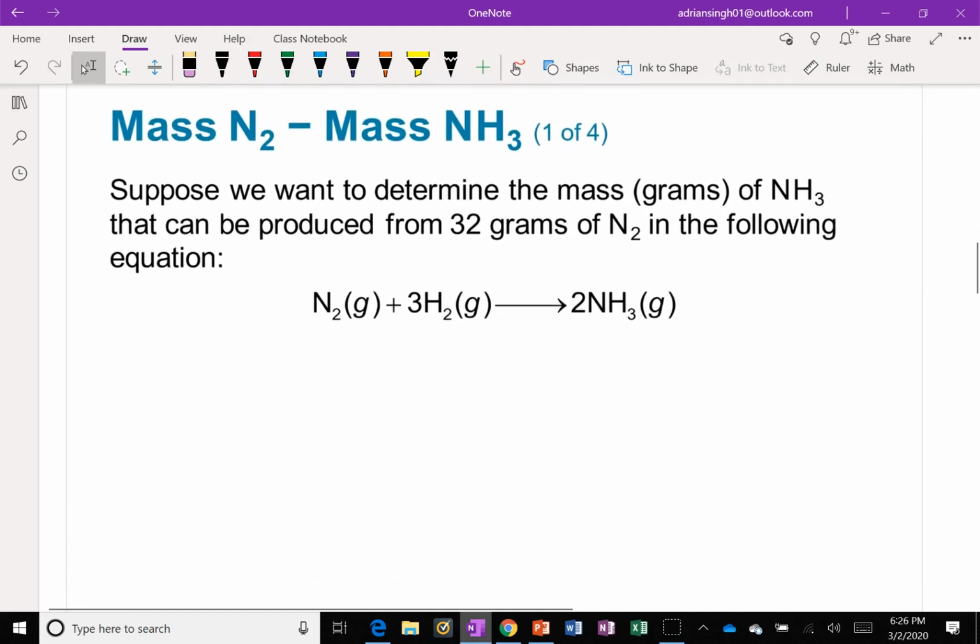All right, so we've seen this equation 8 minutes ago. It's a combination reaction where nitrogen reacts with hydrogen to make NH3, which is ammonia.